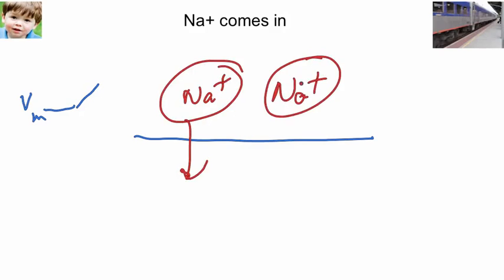Because all of a sudden the sodium conductivity increases. Sodium that had been held outside the membrane is allowed in. Because sodium is coming in, it's bringing charges with it. And Vm is going up, up, up, because all those charges are coming inside. Potassium, on the other hand, is just sitting here.